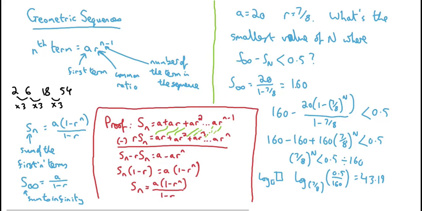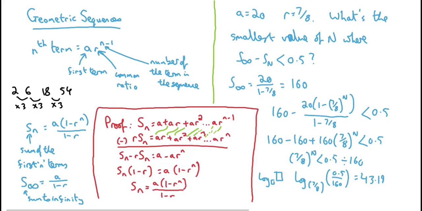Now obviously this is an equal sign, not an inequality. We're looking for an entire n value where n has to be an integer, because you can't have a 1.5th place in a sequence. So we're either going to have 43 or 44. You can just try 43 and 44 and see which one works.